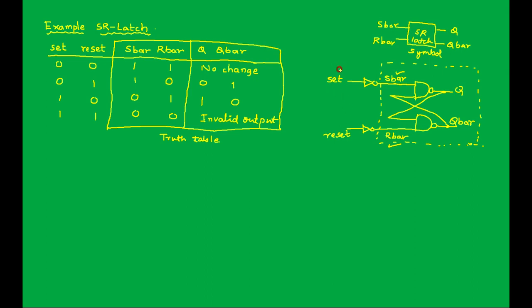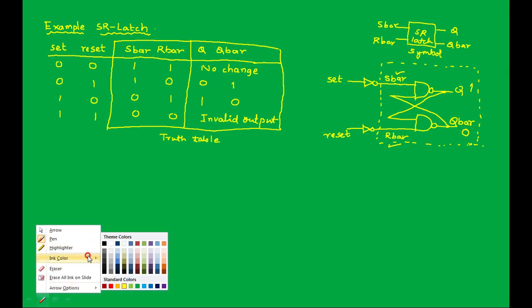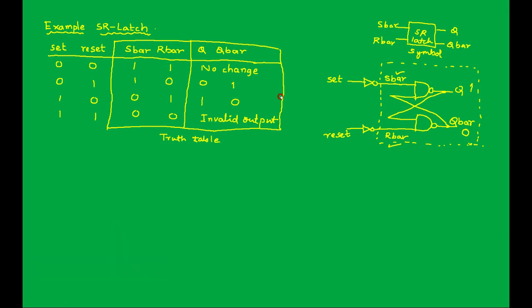If you want to observe how this circuit functions, for analysis purposes we assume Q value as 1 and Q bar value as 0, and set value is 0 and reset value is 0.